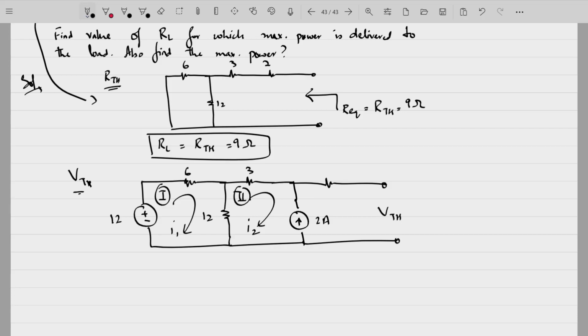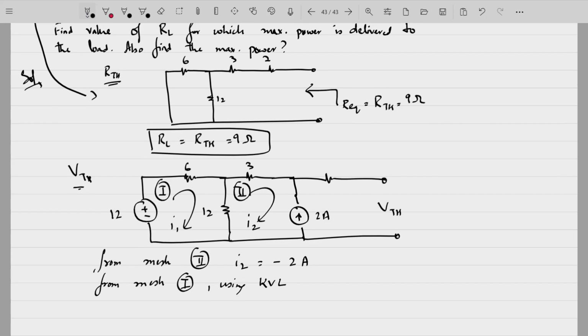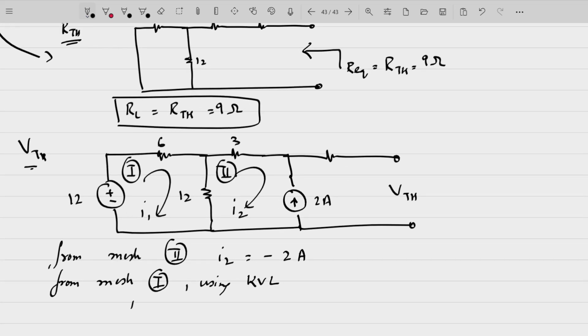You have two meshes here. You can apply mesh analysis. From mesh 2, I2 is minus 2 amperes directly. From KVL in mesh 1, 12 is equal to 6I1 plus 12I1 minus 12I2.